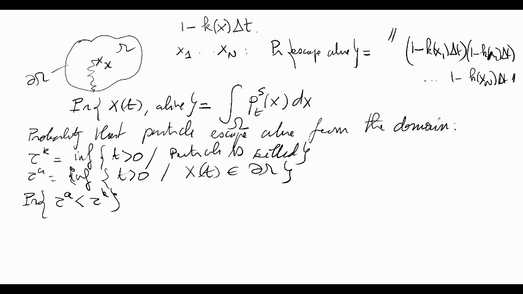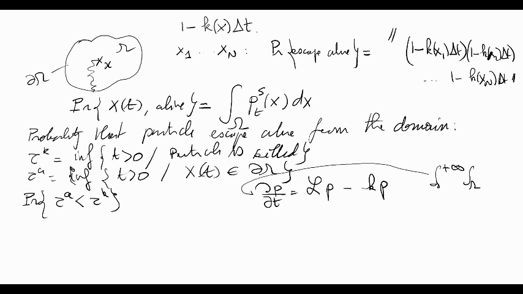If we start with the probability density function for the survival, which is the solution of dp/dt equals L of p minus kp, and integrate this equation from 0 to infinity and over the domain omega, what do we get?